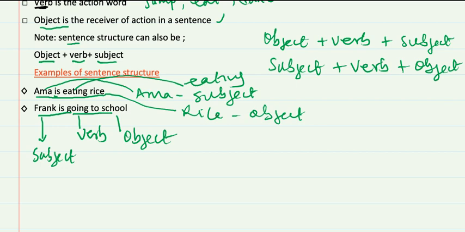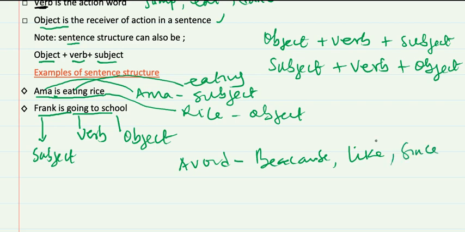So what we want to know is that whenever you are writing a sentence, the basic form is to always start a sentence with a noun. So you should avoid starting a sentence with words like because, since, when, these things.